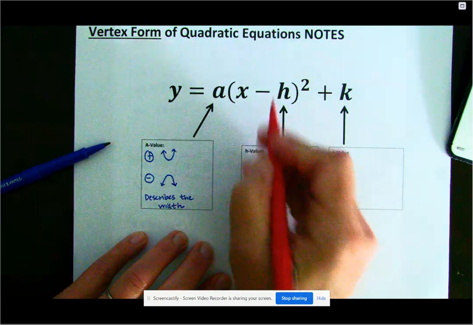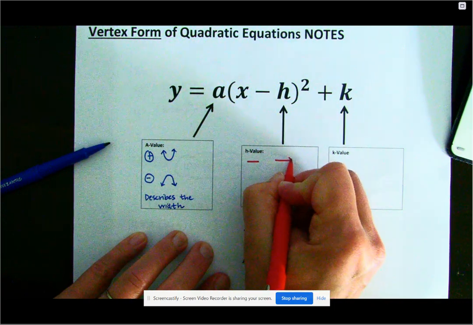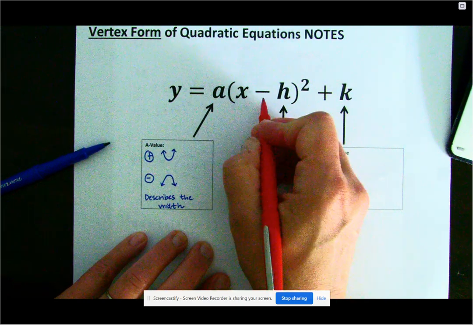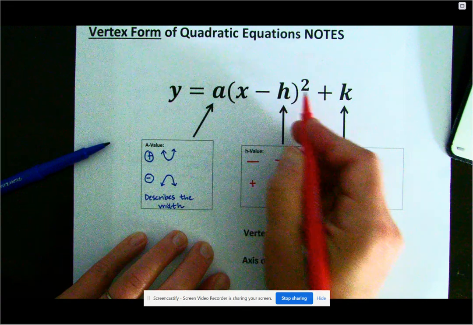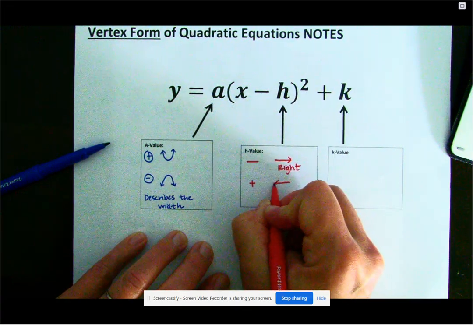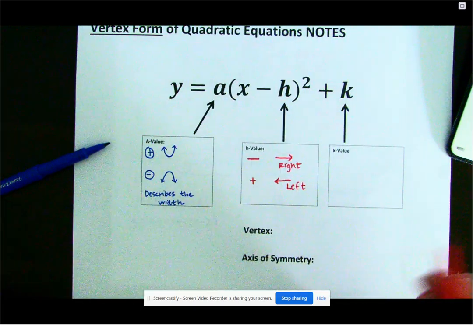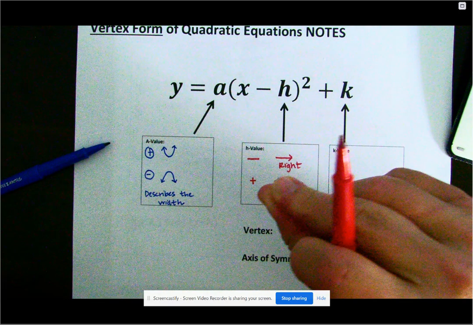If it says minus, it is in fact moving to the right because there's a minus in the equation. If it says plus a number, it's moving that many units to the left. And again, we can always think of the parent function, which is typically centered at 0, 0, so it's moving right or left from 0, 0.